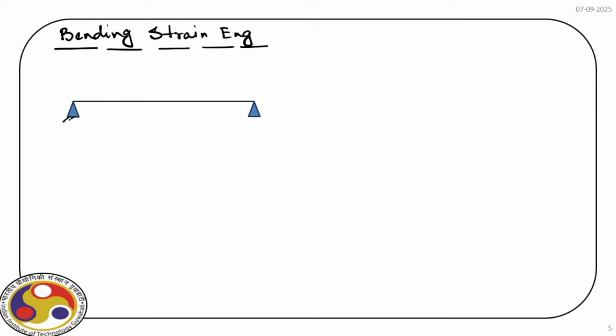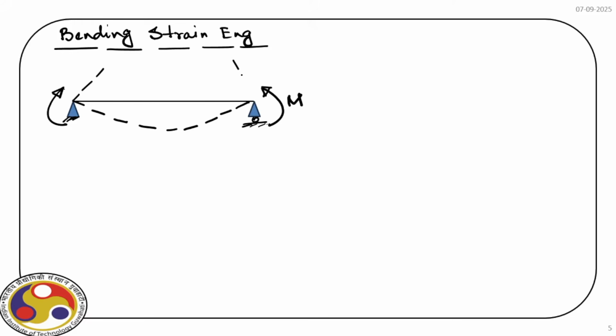As you can see, we have a simply supported beam, and then we apply a moment at the end of magnitude, say M. As you can see, this is a sagging moment, and the deformed shape of the beam is what you can see on your screen. Obviously, it will have a radius of curvature.